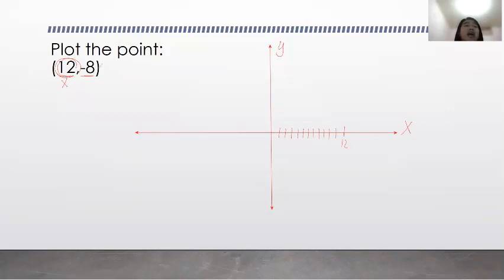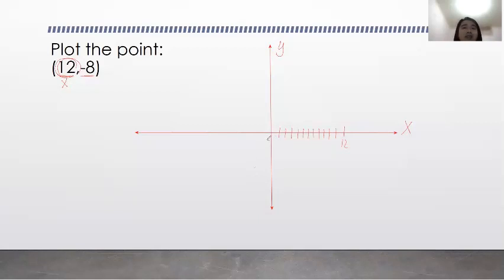Next, we have -8. Take note that the upper part of our y-axis is positive, and the lower part, below the intersection of the x and y, is the negative values of our y.